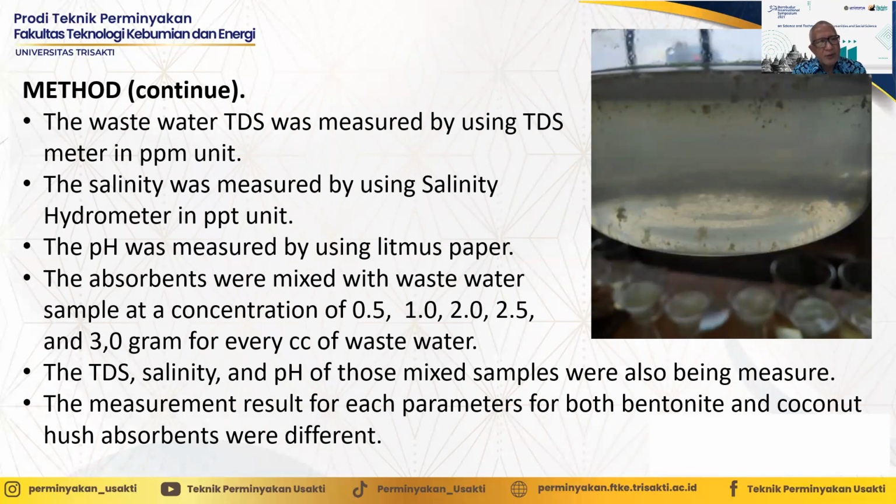The adsorbents were mixed with the wastewater sample at concentrations of 0.5, 1, 2, 2.5, and 3 gram per every cc of wastewater. The TDS, salinity, and pH of those mixed samples were also measured, and the measurement results for each parameter, for both bentonite and coconut husk adsorbent, were different.